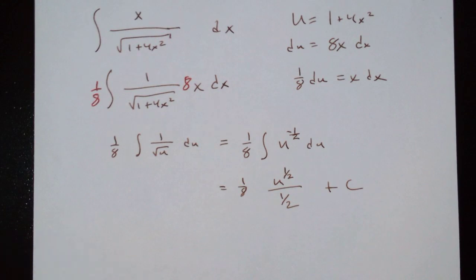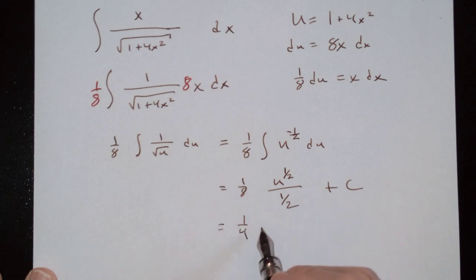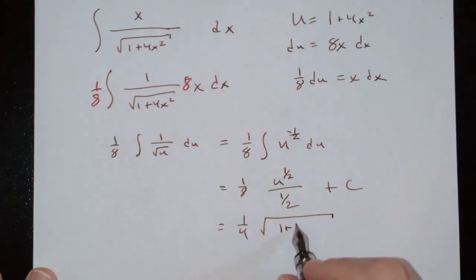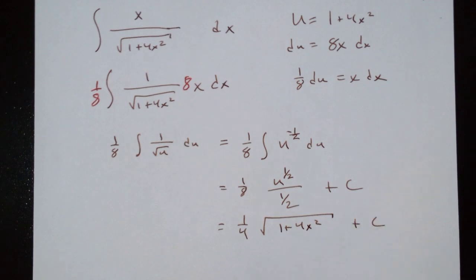What do I do with the fraction on the bottom? Rip it out, flip it over. So that's going to give me 2 over 8, or 1/4, u to the 1/2. A 1/2 power is a square root. Put back in the u thing. There we go. That's my final answer. Phew.